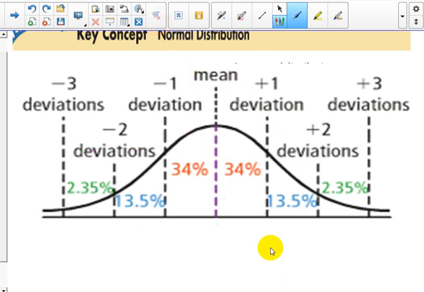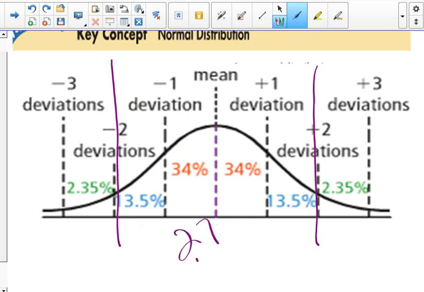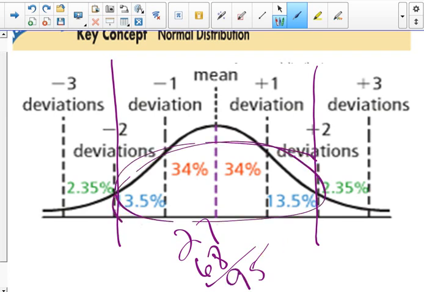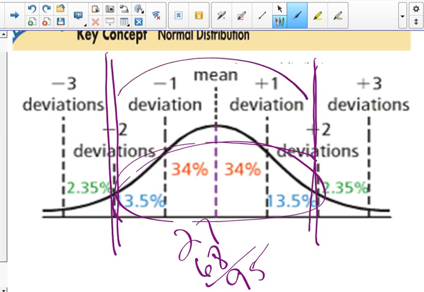Okay? And then within 2 standard deviations, we have 13.5 and 13.5, that's 27 plus 68. So 27 plus 68, that's going to be 95% of the data is going to fall within 2 standard deviations. Do you see that? There's 2 and 2. That's 68% of your data.